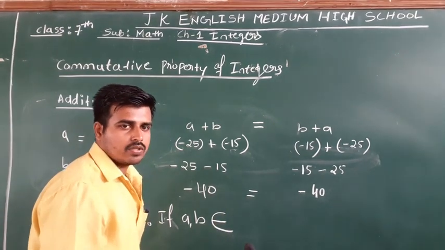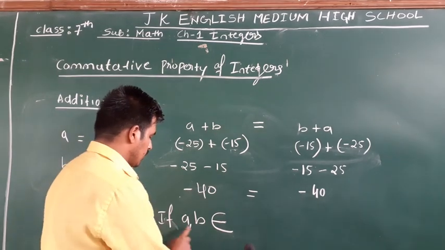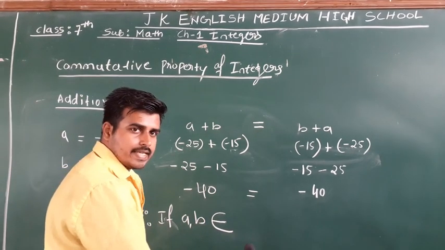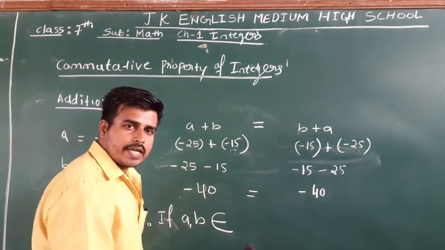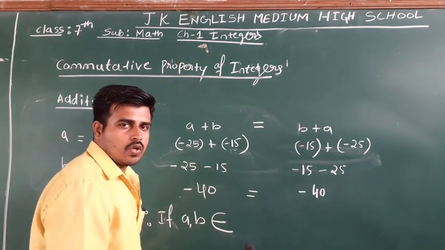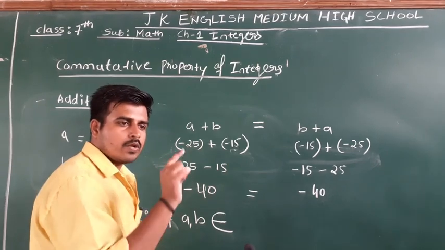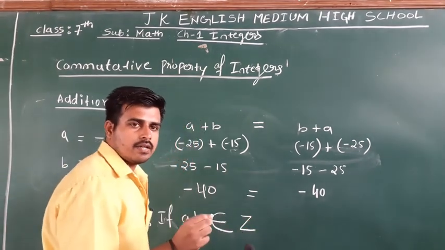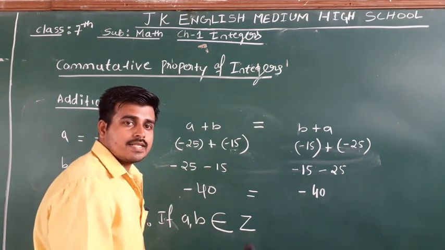Instead of writing belongs to every time, we can use this symbol. If A, B belong to integers, is there any need to write integers every time? No, because we assigned one letter for it. What is that? Z. Z is a letter that shows the set of integers.